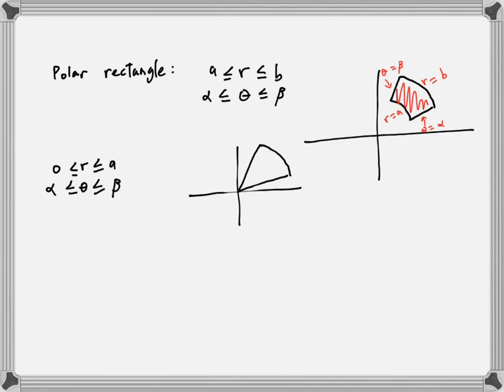So this is what you would get. You would get like a sector of a circle. This is r equals A, and then this guy right here is theta equals beta, and then this guy right here is theta equals alpha. Okay, so this is considered to be a polar rectangle also, right?